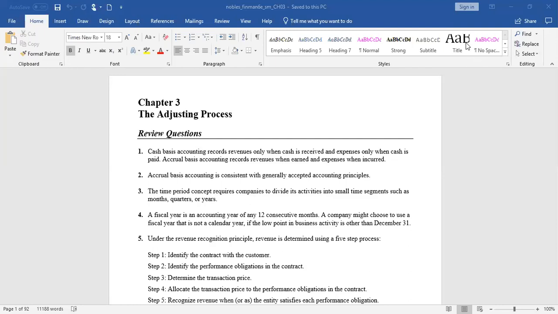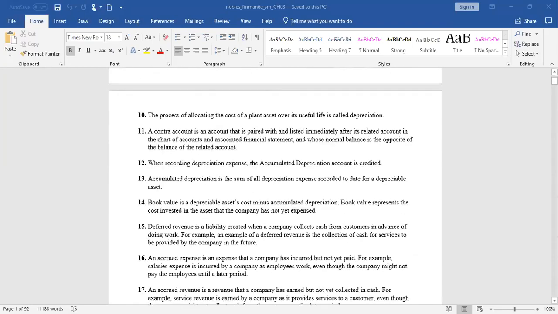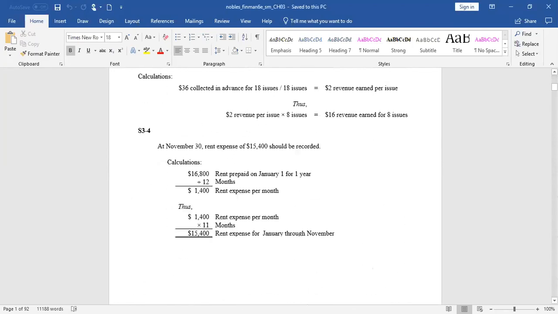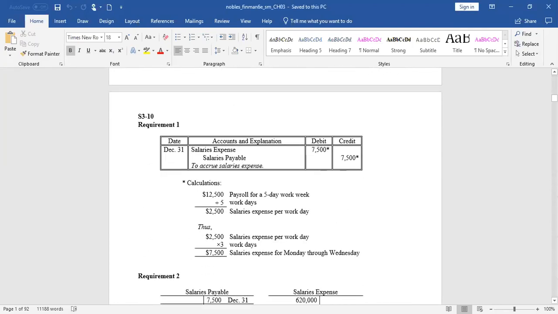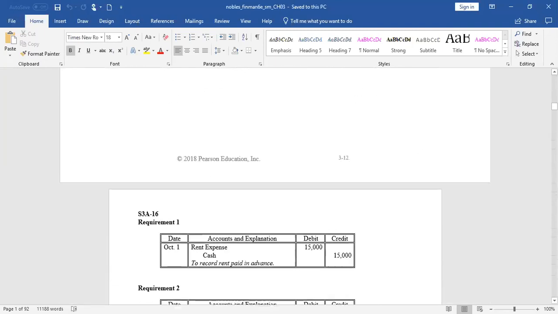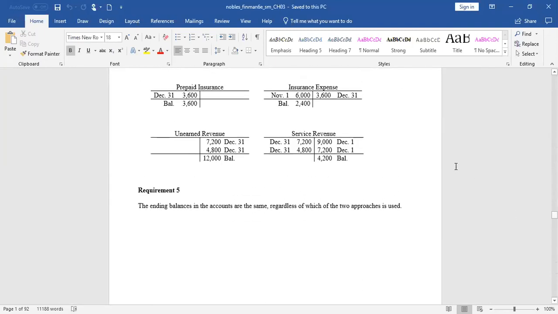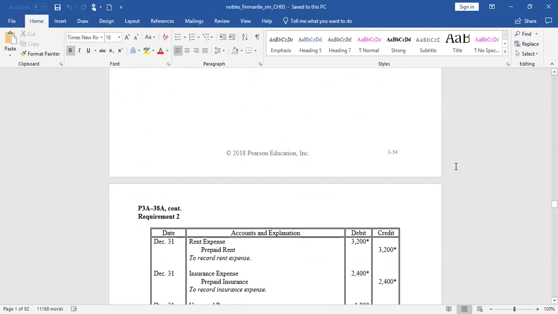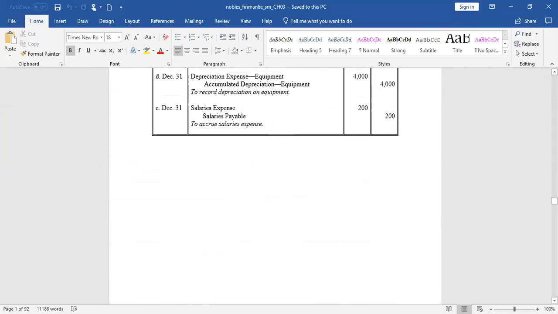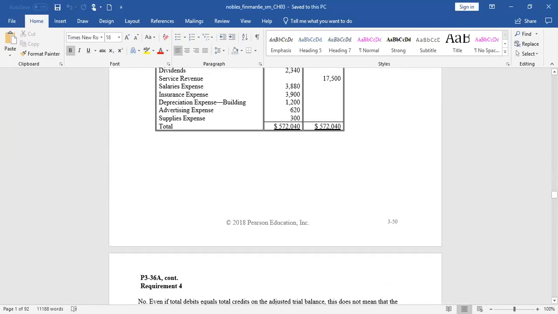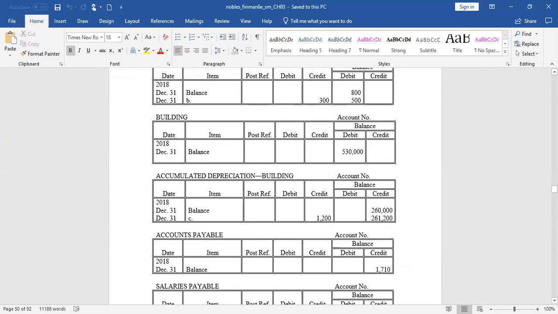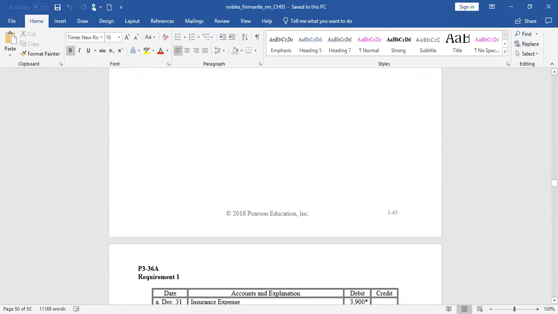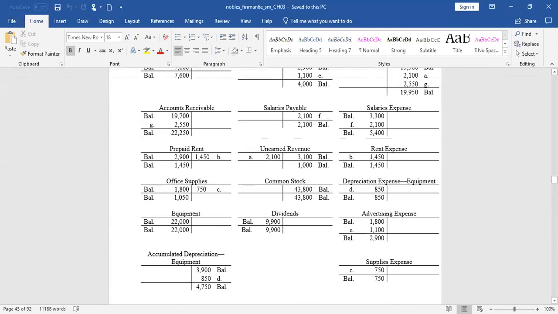If you don't see that, please send me a chat and let me know. But let's scroll on down to P3-35A. Went too far. We'll get there.